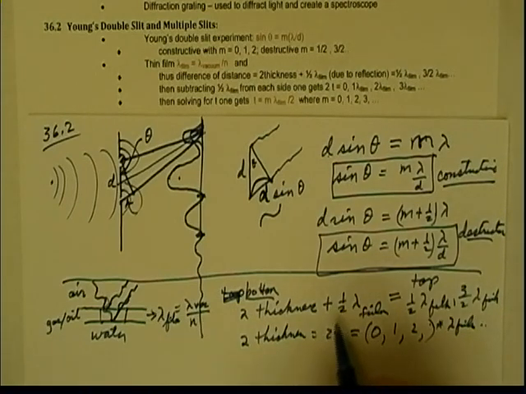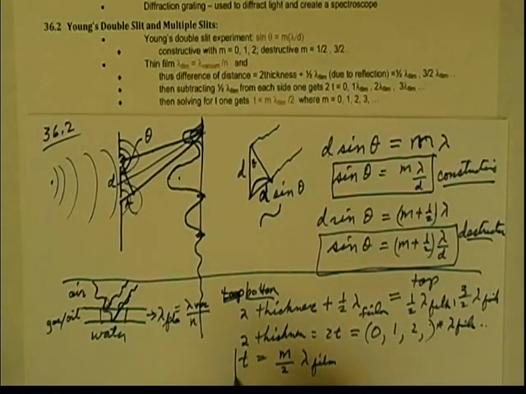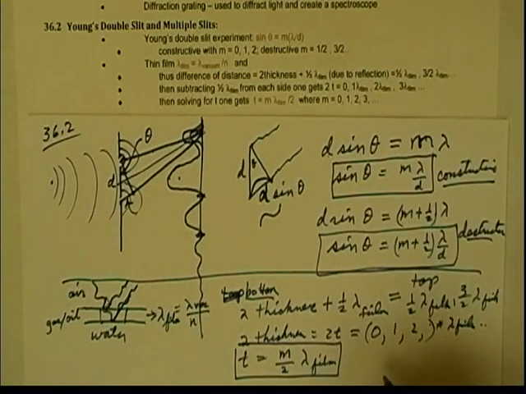So when the thickness is equal to an integer over 2 times lambda of the film, the wavelength of the light in the film, then we will get constructive interference.